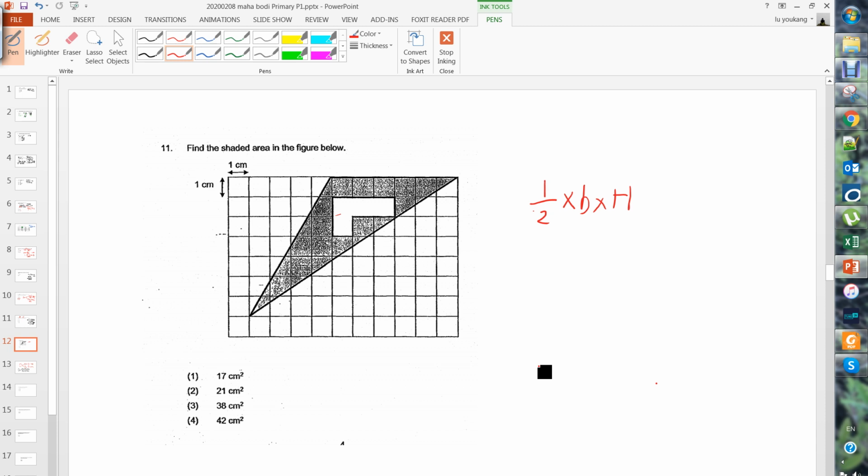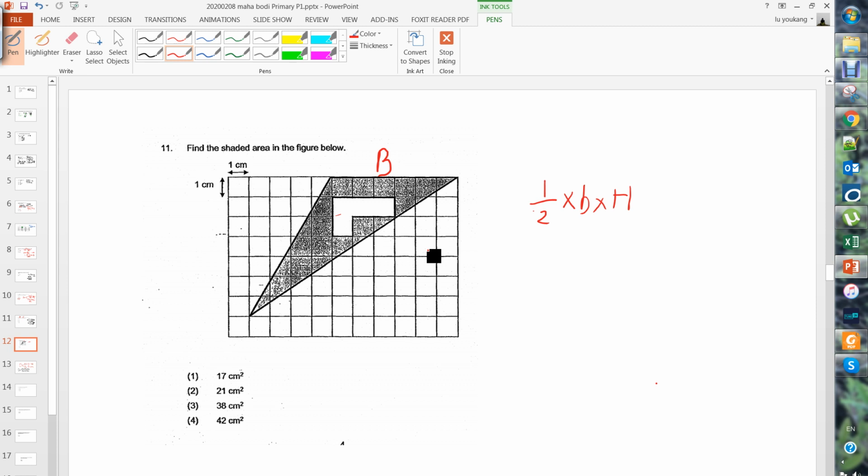Now just touch. Okay, if this is the base, then write the B over there. Good. Then if this is the base, which one is the height?